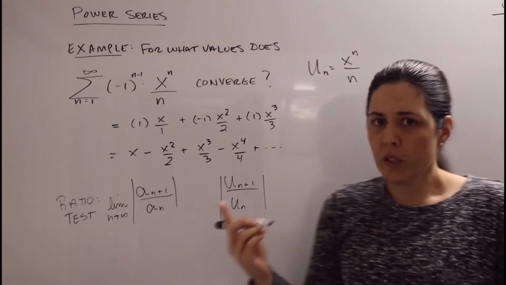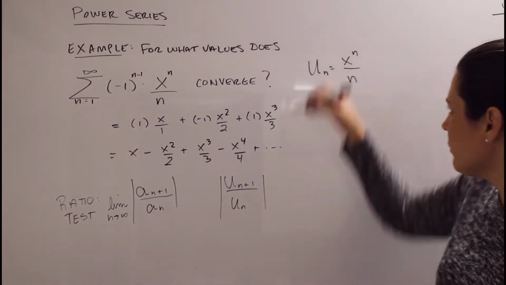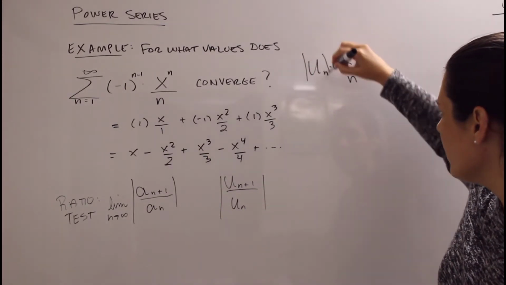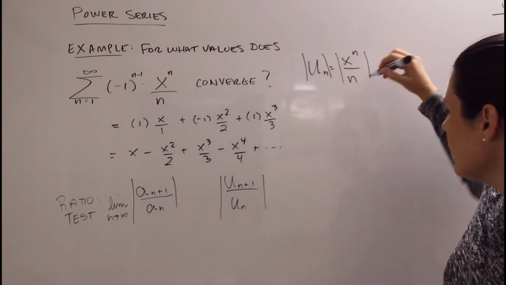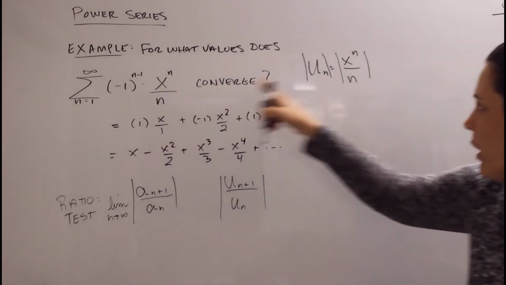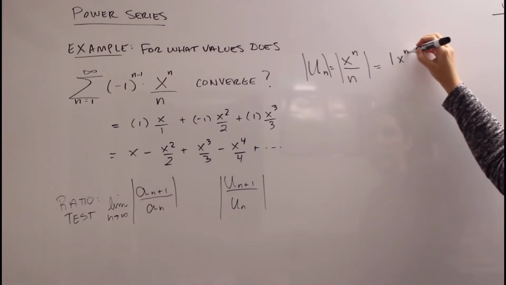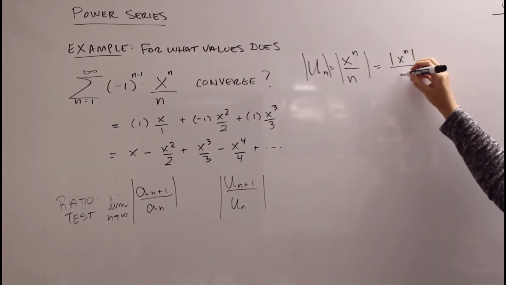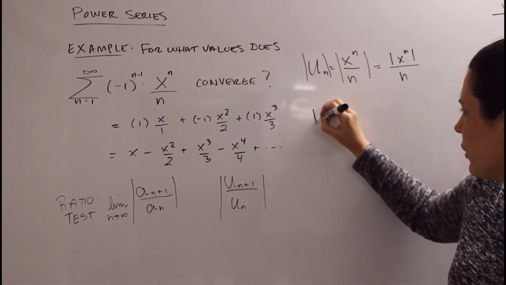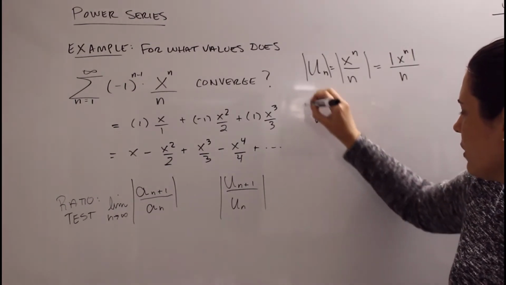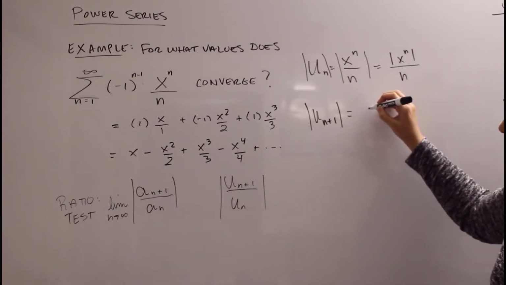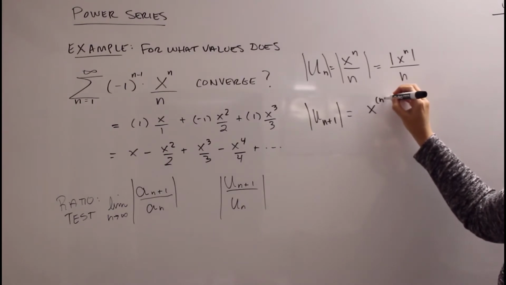Okay, now I do need to be careful. I am going to take the absolute value, so let me go ahead and throw that on there now. And n starts at 1, so what I really have to guarantee is that x stays positive. So I'm going to put my absolute value on the x. Alright, so for u sub n plus 1, everywhere I put an n, put an n plus 1.